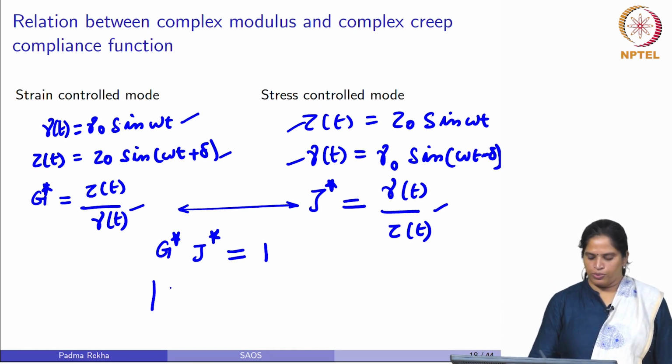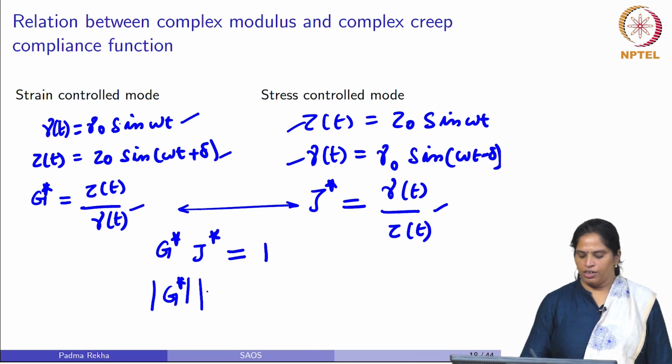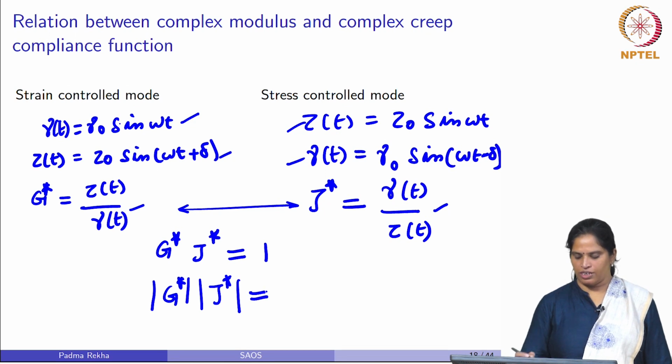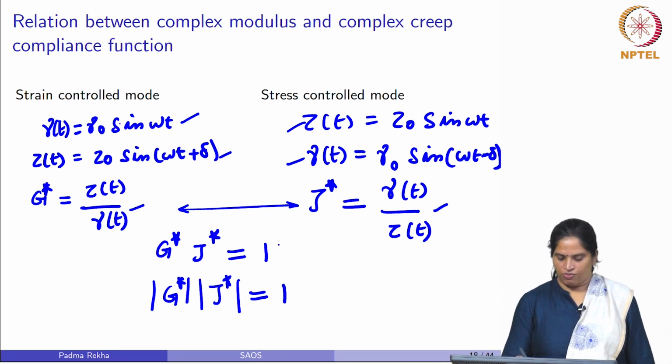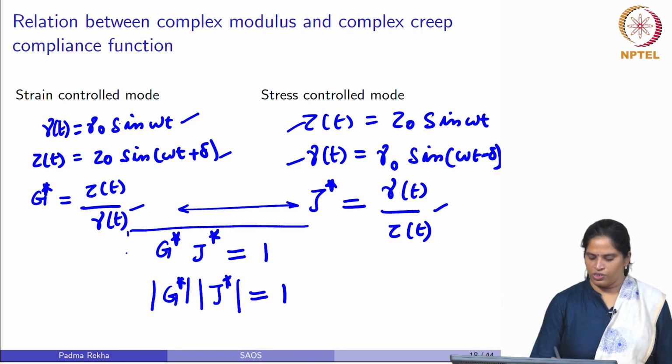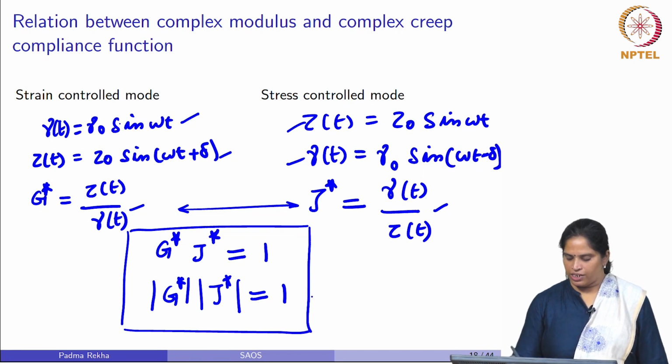You can also prove that the product of dynamic modulus and the modulus of complex creep compliance, which we just call creep compliance, is again 1. If you need more clarification on how to derive this, please contact us.